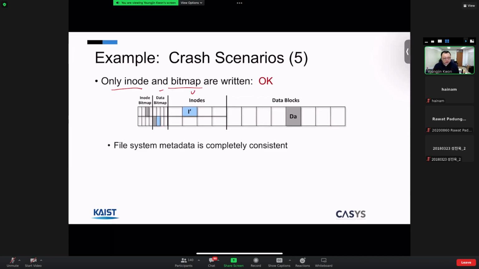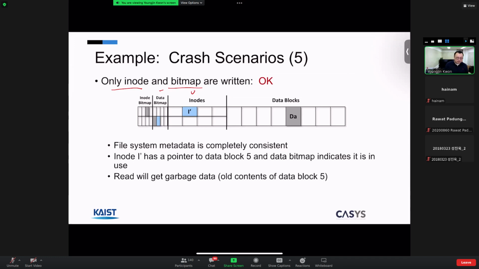So the file system metadata is completely consistent. The inode has a pointer to data block 5 and the bitmap indicates it is allocated. So it may read garbage data. But the file system defines that in this case there is some data. What's new data, what's old data, there is no way to distinguish.